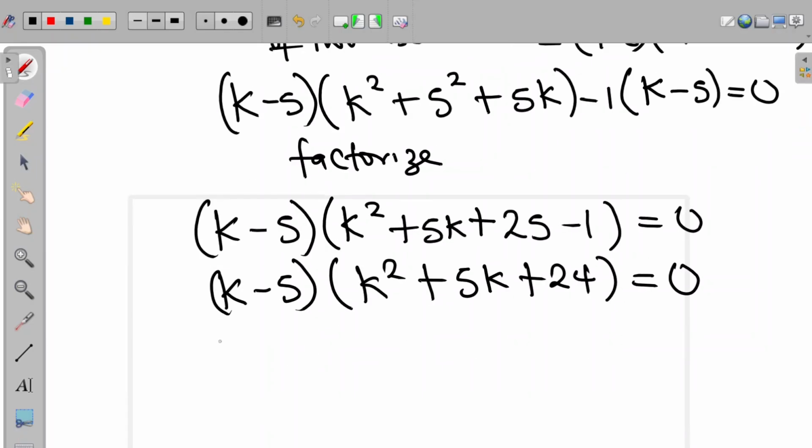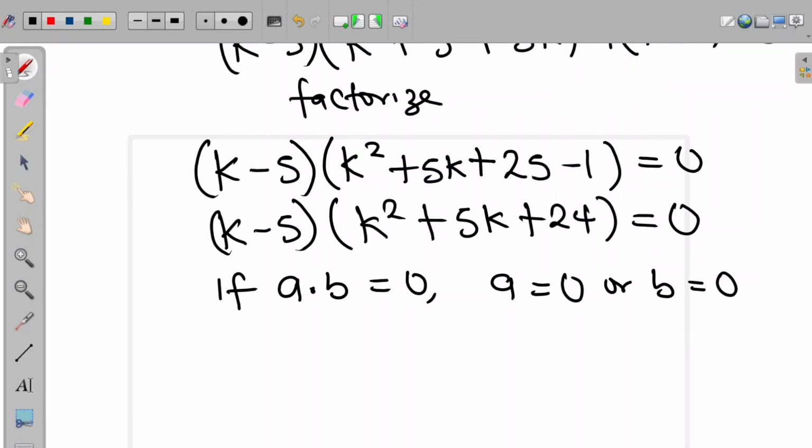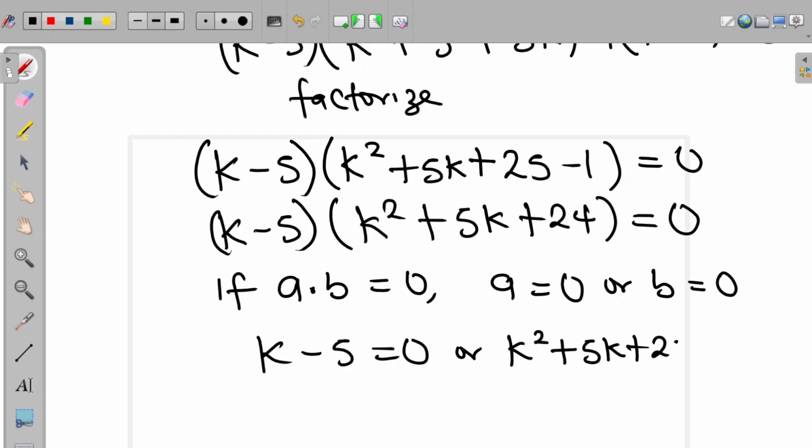So recall that if a multiplied by b is equal to 0, it is either a is equal to 0 or b is equal to 0. Thus, we have it that k minus 5 is equal to 0, or k squared plus 5k plus 24 is equal to 0.